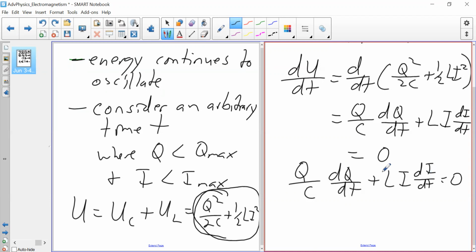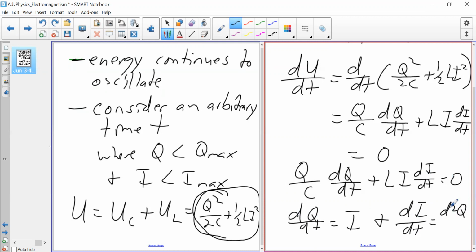Now we have two variables. Well, we know that dq dt is current and di dt is, we take the derivative again, so that's why we got d squared q over dt squared.